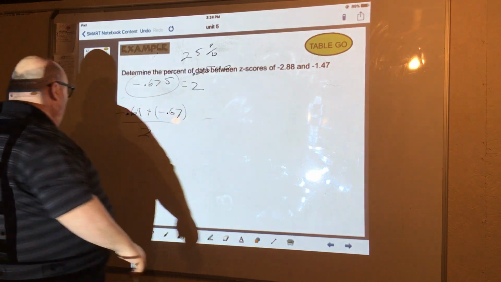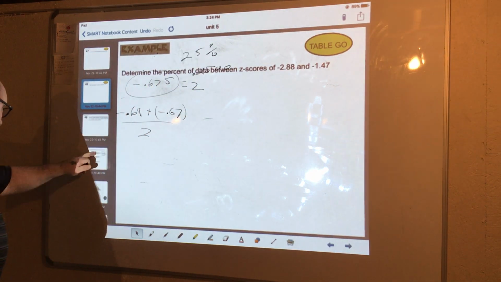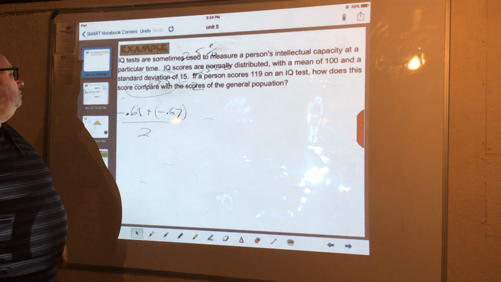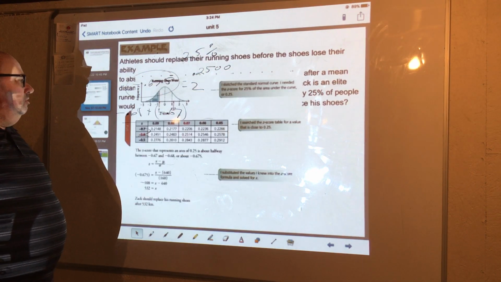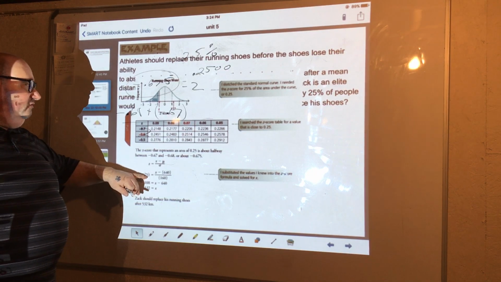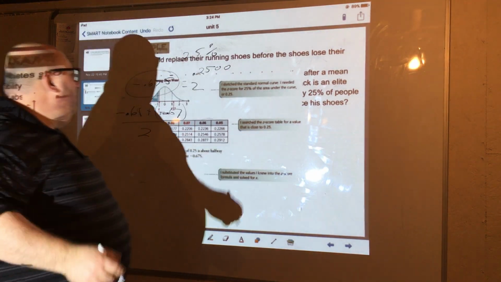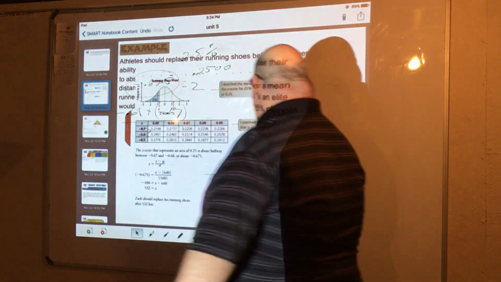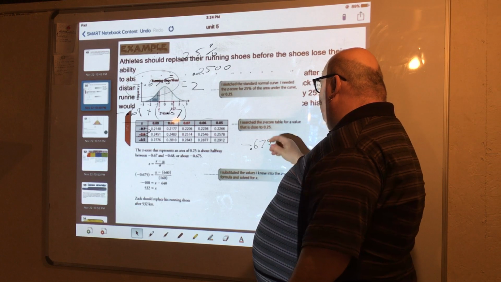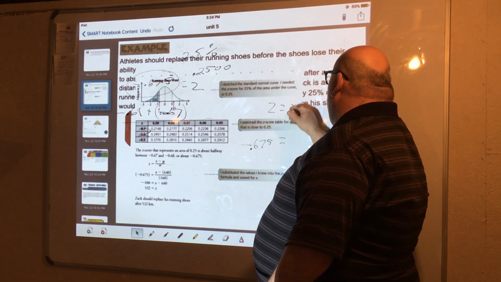We need this page here. There it is, okay? So, negative 0.675, that's our z-score. Remember this formula?